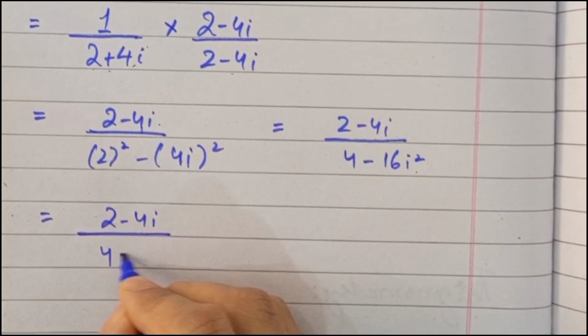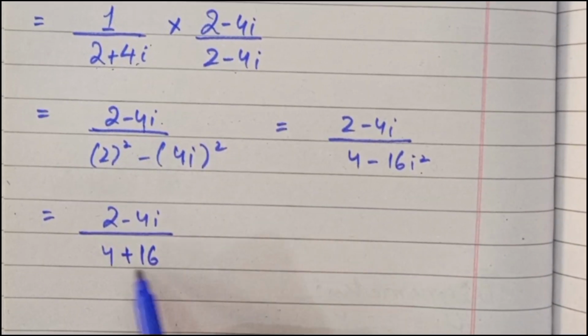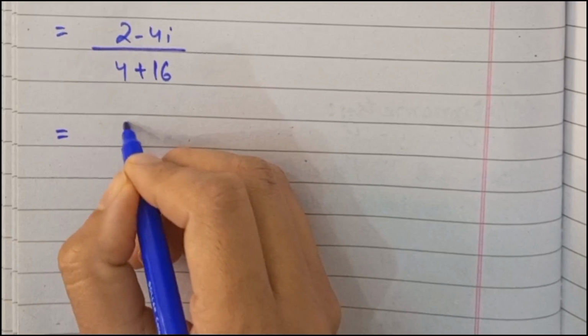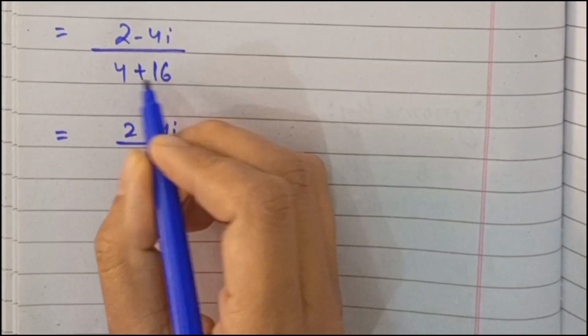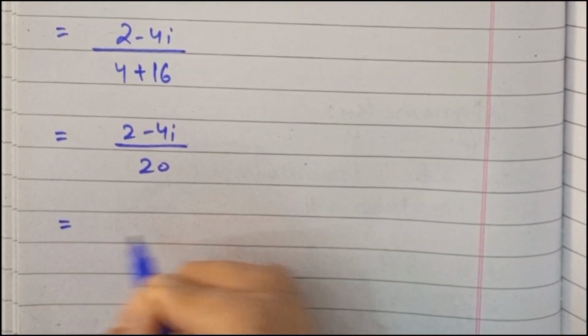Minus minus is plus, so it will turn into positive 16. 16 plus 4 is 20.